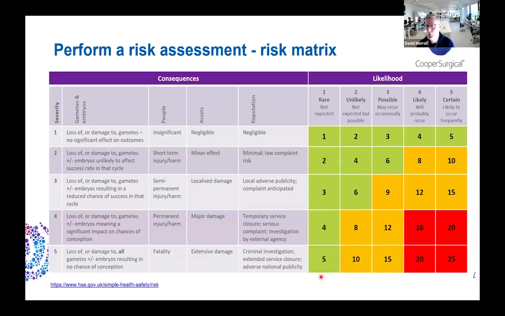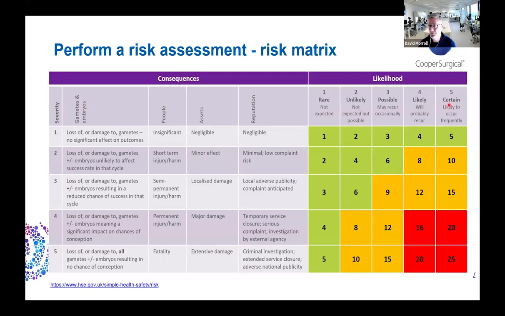So hopefully you'll all have seen something similar to this. This is from the Health and Safety Executive in the UK. Essentially it's a standard risk matrix that can be used to look at the severity of a problem and the likelihood of that problem occurring.